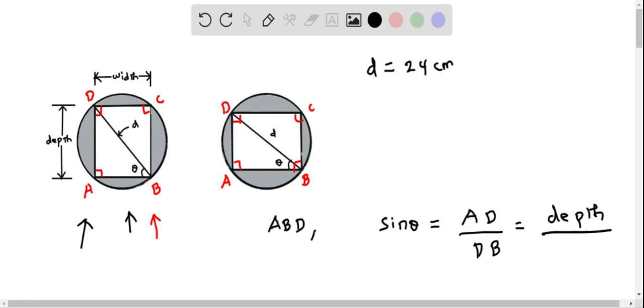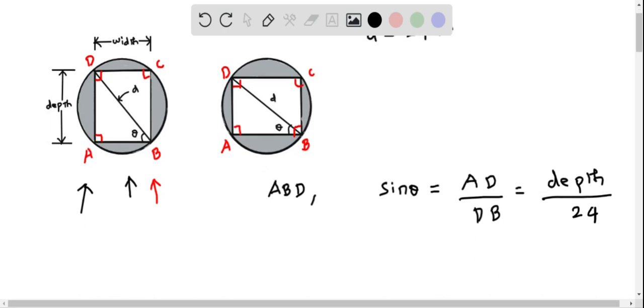DB is the diameter of the log, which is d. I can replace this as d, or otherwise I can replace this as 24. So from this I can solve for depth if I multiply both sides by 24. So basically depth gives 24 sine theta.